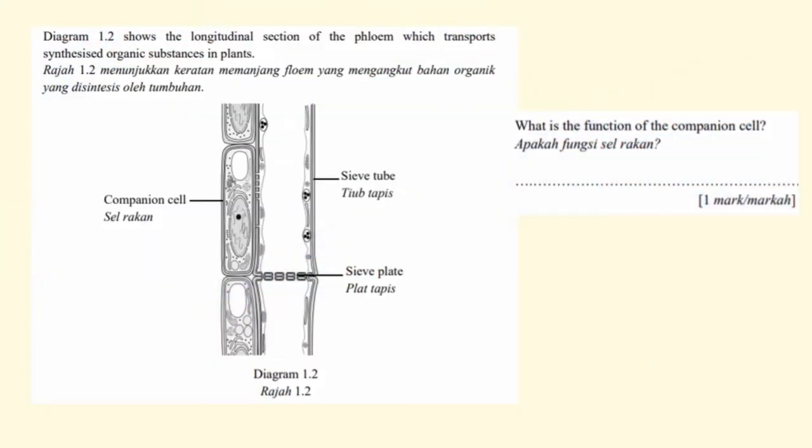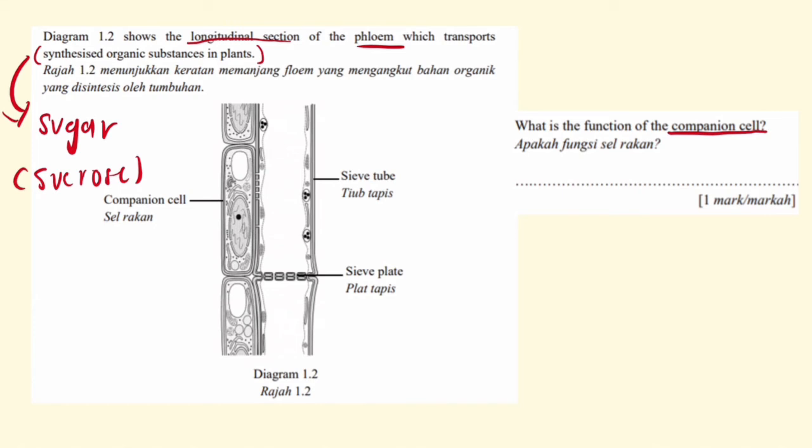Next question. The diagram shows the longitudinal section of a phloem, which transports synthesized organic substances in plants. The synthesized organic substances in plants are sugar. To be more specific, it is sucrose.